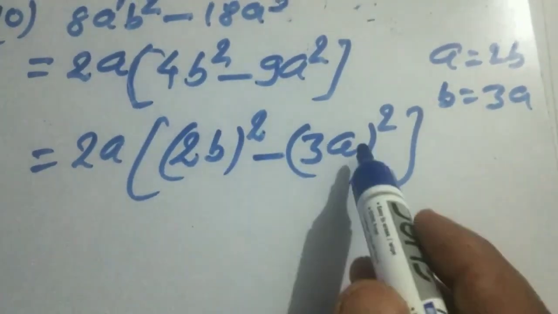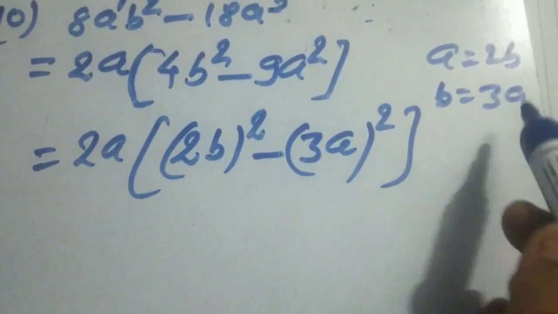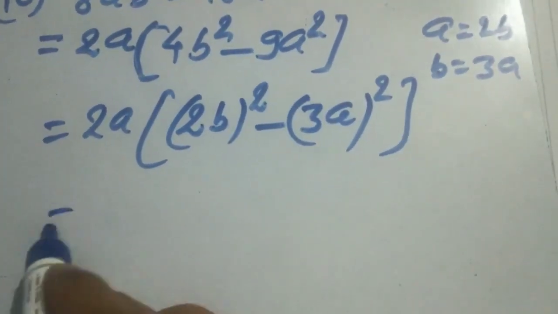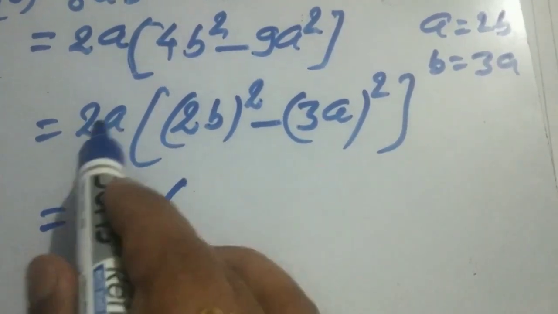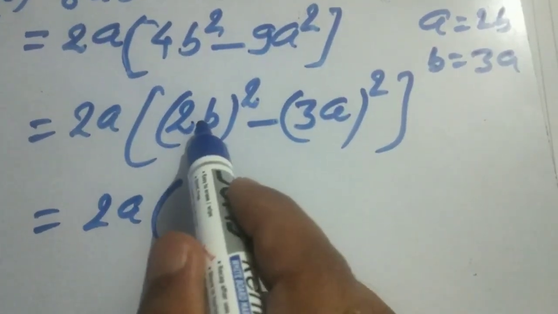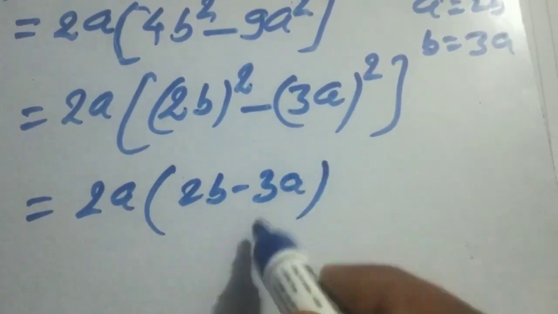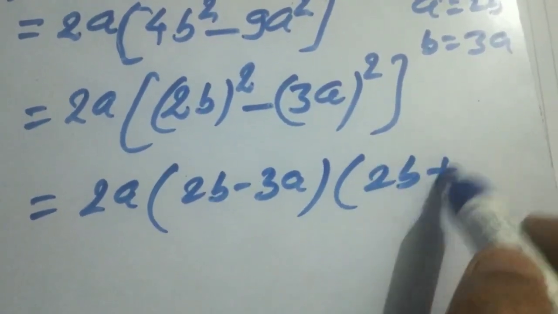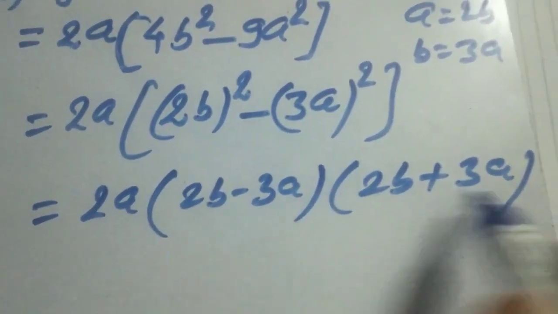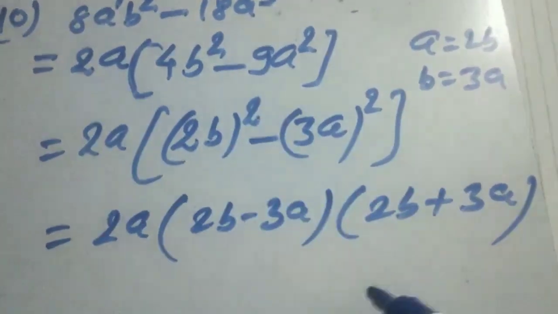So a square minus b square is equal to a minus b into a plus b. So write 2a and then 2b minus 3a and 2b plus 3a. So this is the factorization for the given expression.